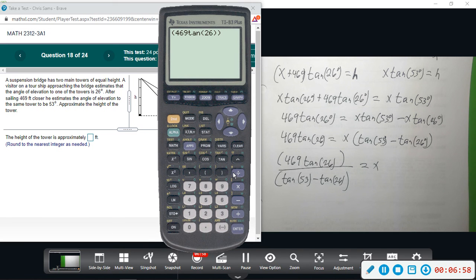Alright, then divided by, open parentheses, tan of 53, and then minus tan of 26, close, and then all of that is times tan of 53.